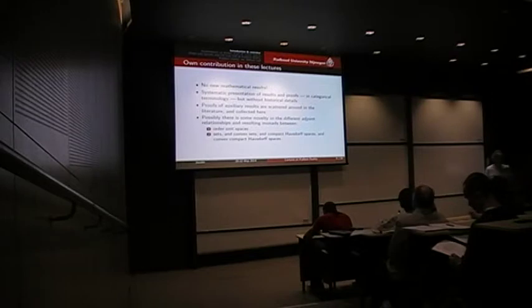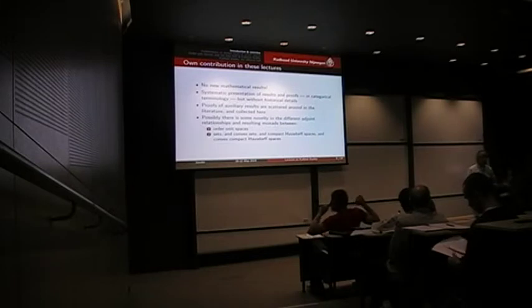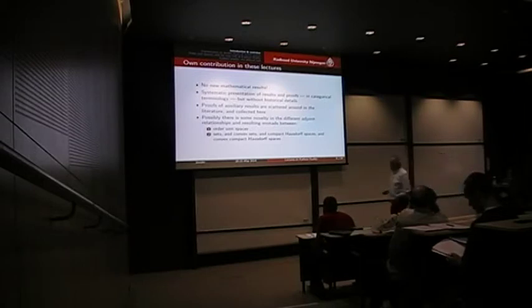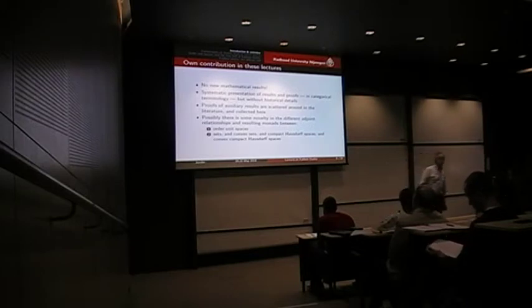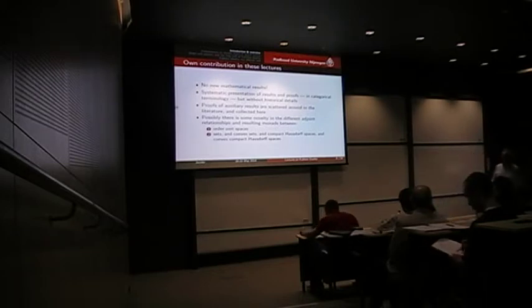I think they're also maybe not so well known, and I'll put them in perspective and relate them to some other mathematical structures, and this gives rise to some interesting categorical structures. The main structures I will be talking about are sets, compact Hausdorff spaces, and convex compact Hausdorff spaces. I'll explain a bit more about that later.